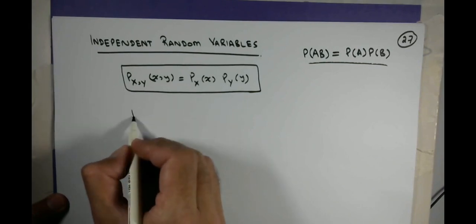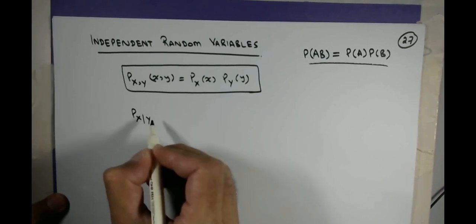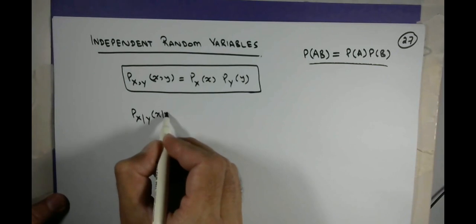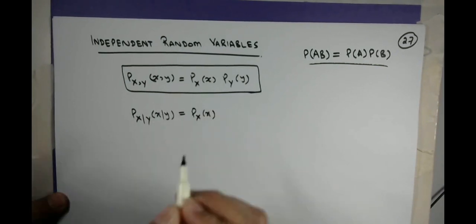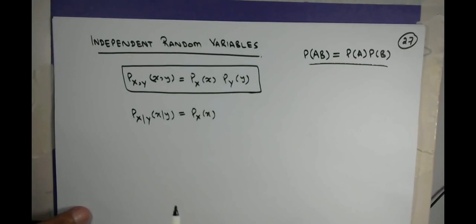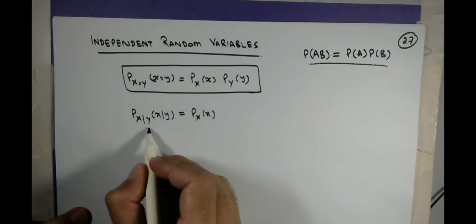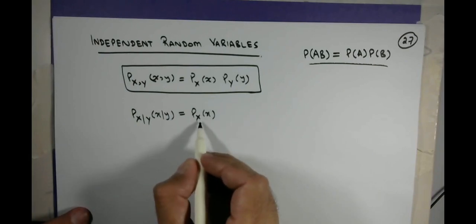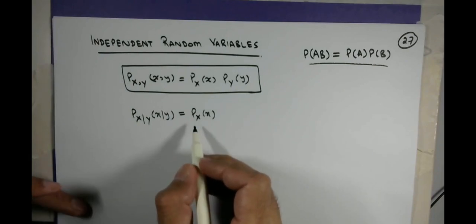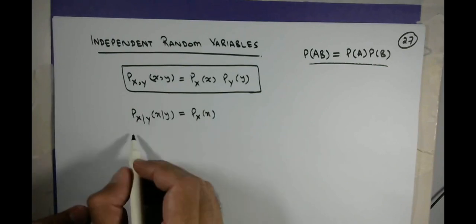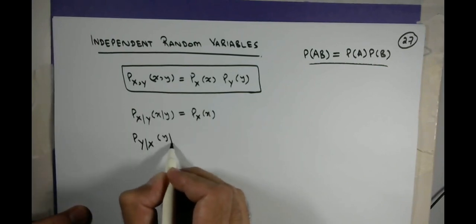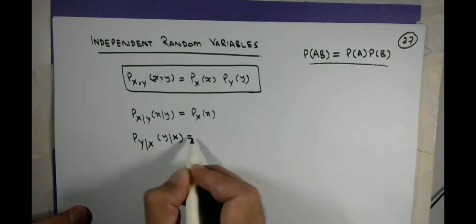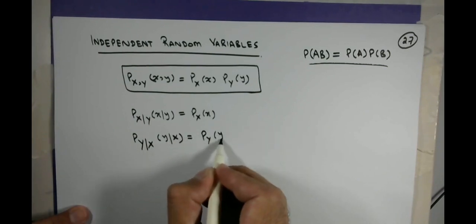Similarly, we can also write P sub x given y of x given y, if it is equal to P sub x of x. This means the occurrence of y has not affected the probability of occurrence of x, and so x and y are independent. And we can also write P sub y given x of y given x as P sub y of y.